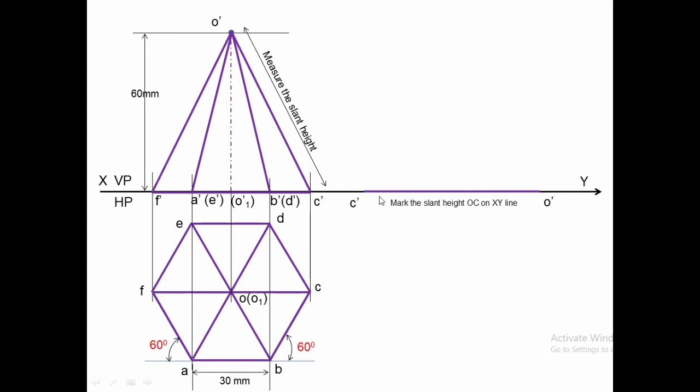That means you have made it to fall on the ground, that is on HP. Now draw this F position by taking the length of CF and OF. By drawing the arcs, you can get it. After marking this point F, mark all other corners along the base CF.